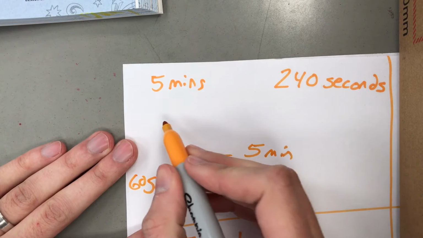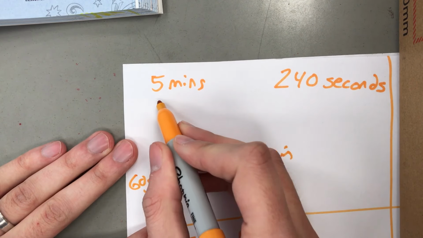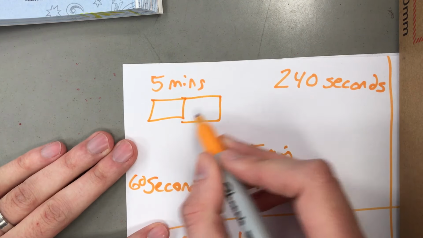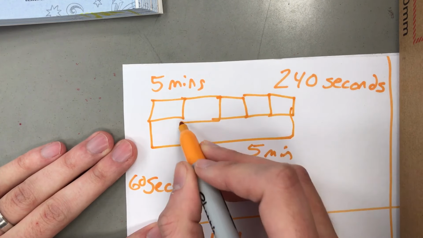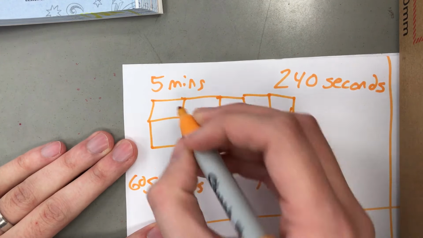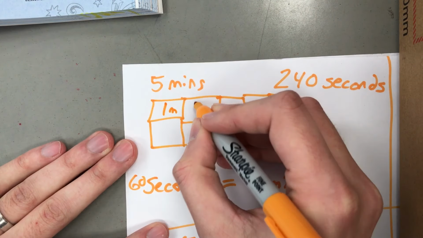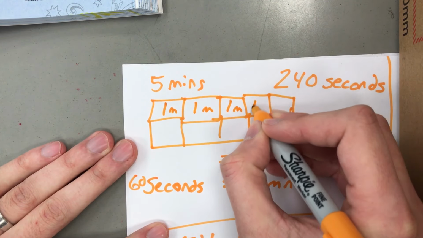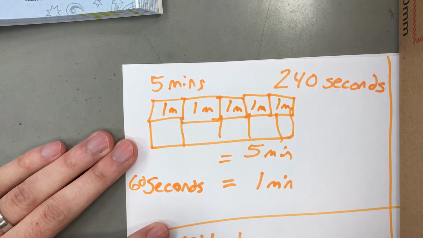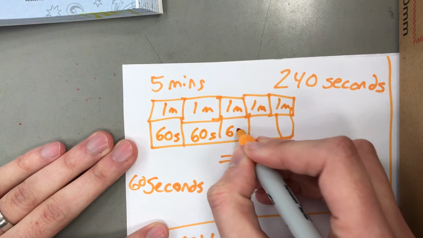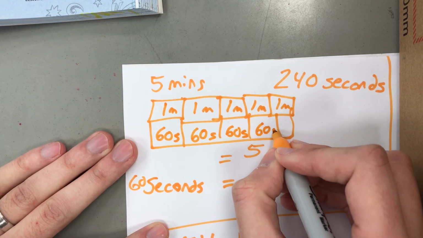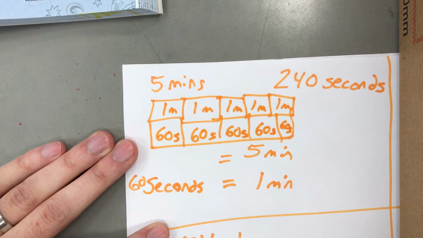So I've got 5 minutes. Let me draw. I have each minute and then 60 seconds. So now how do I know how many seconds are in 5 minutes?